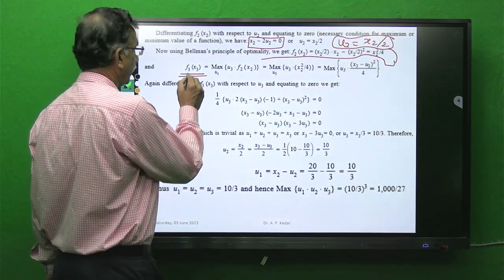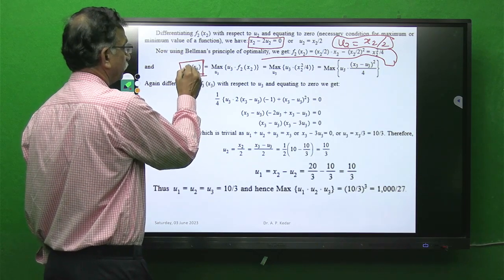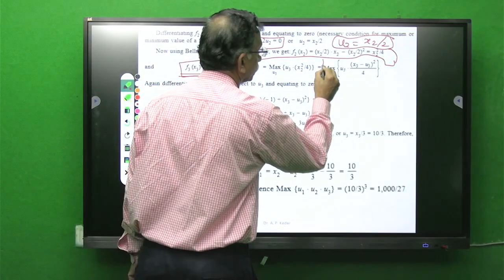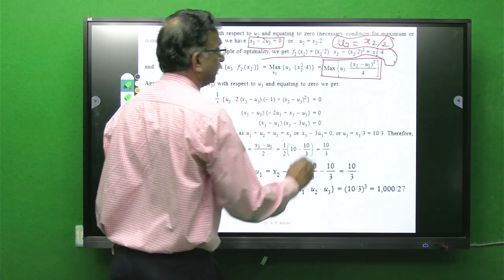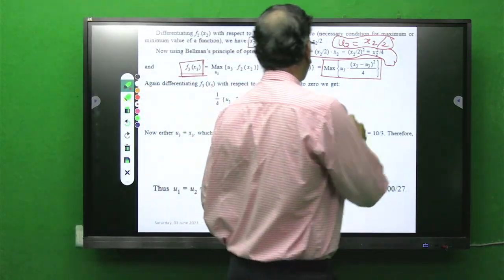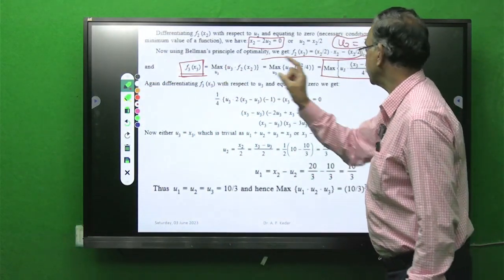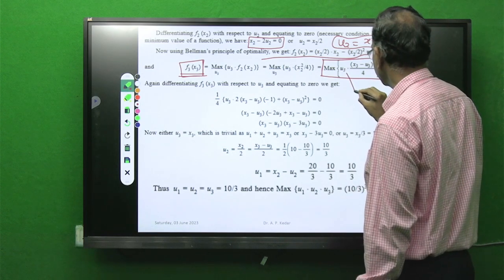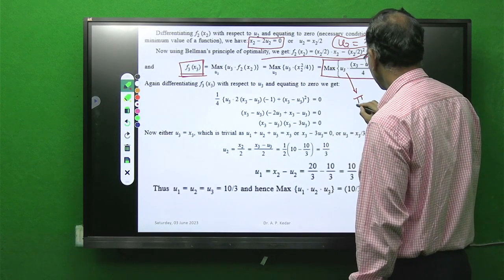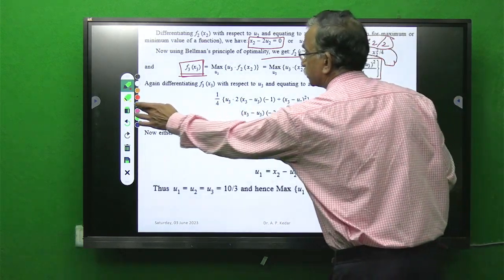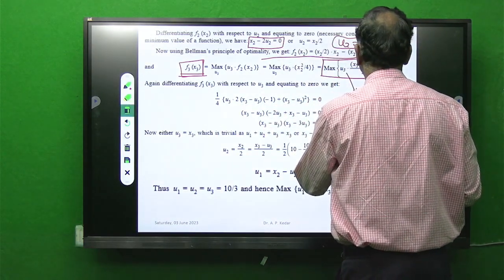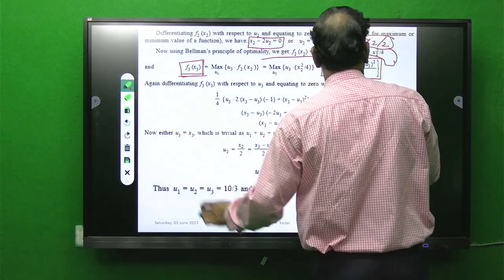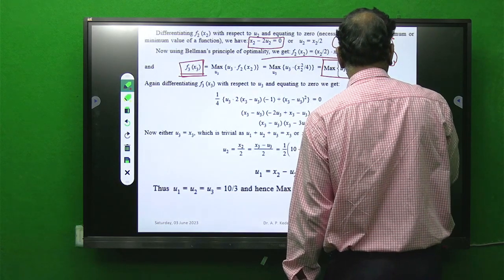So now your final relation becomes f3 x3 is equal to this one. Now here you have two terms. f3 x3 is equal to the maximum of the first function, this is your first function, and this is your second function.